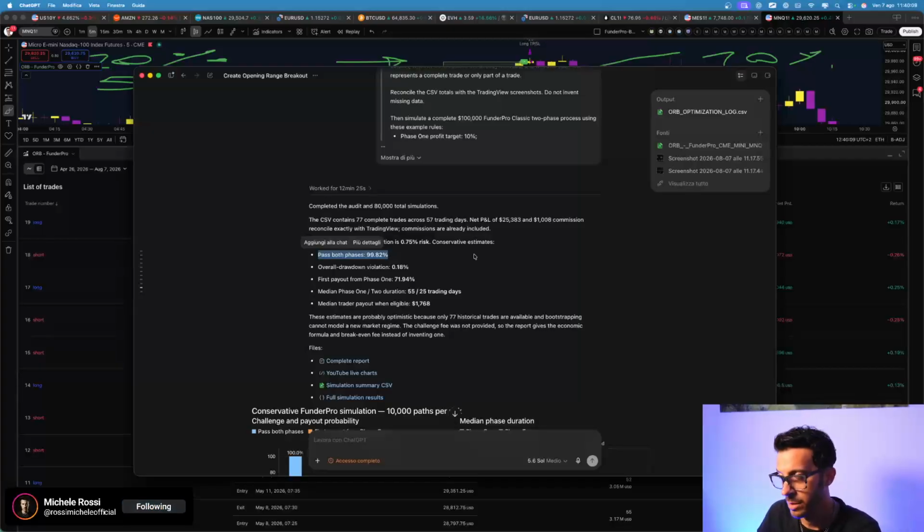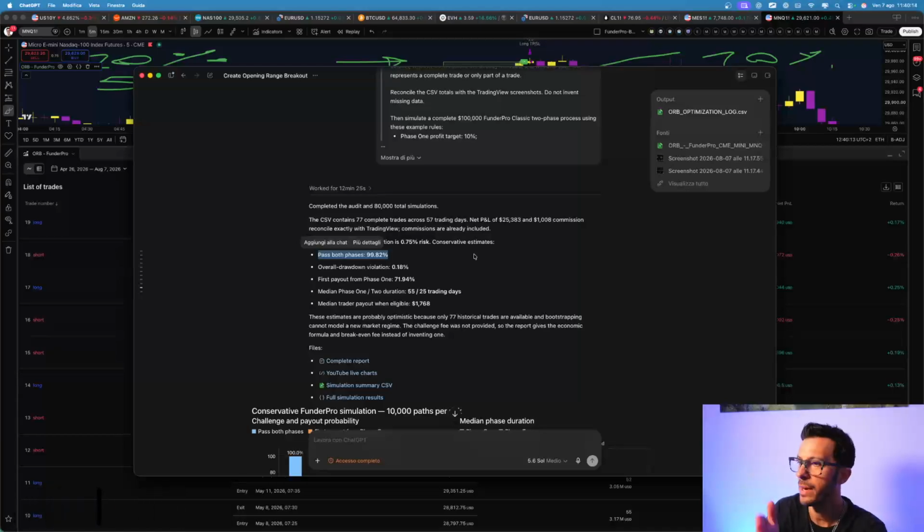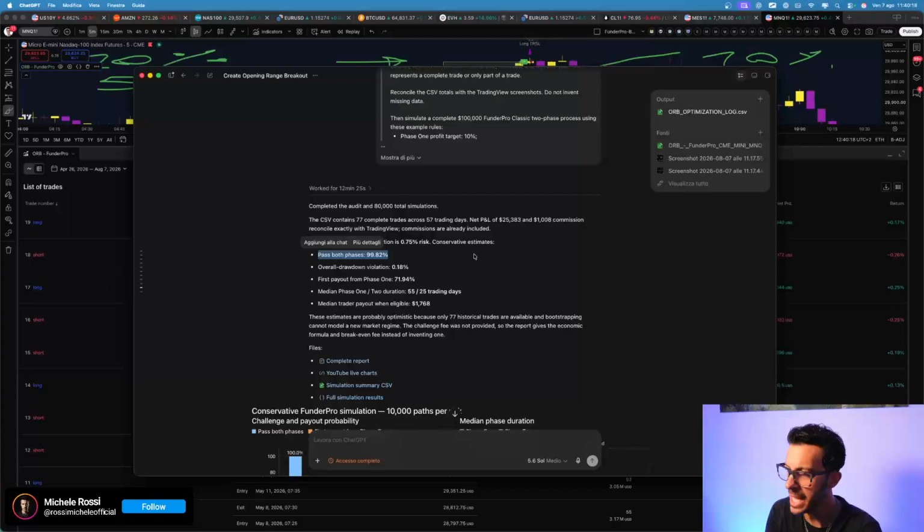No, not necessarily. It means that under the assumptions of our model, approximately half of the simulated challenge journeys reached the funded account before violating a rule. It also means that buying one challenge does not guarantee success. Even a strategy with an edge can begin with an unfavorable sequence.